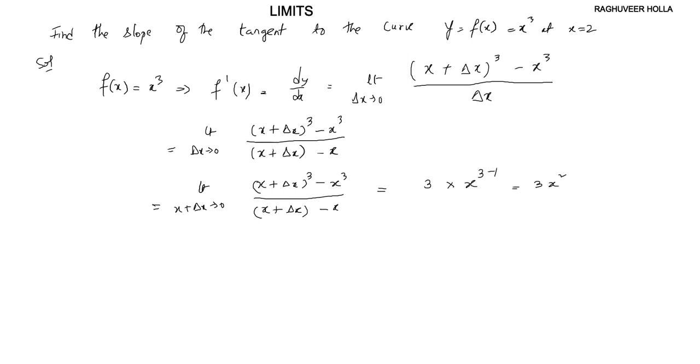Okay, we have used n times x to the power of n minus 1, which results in 3x squared.